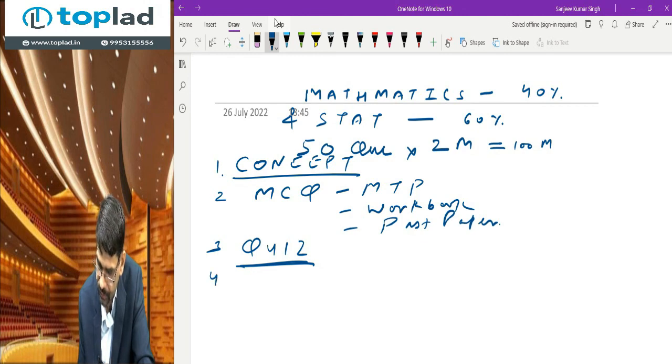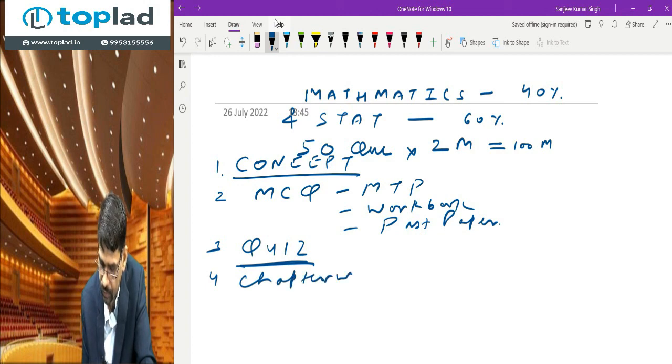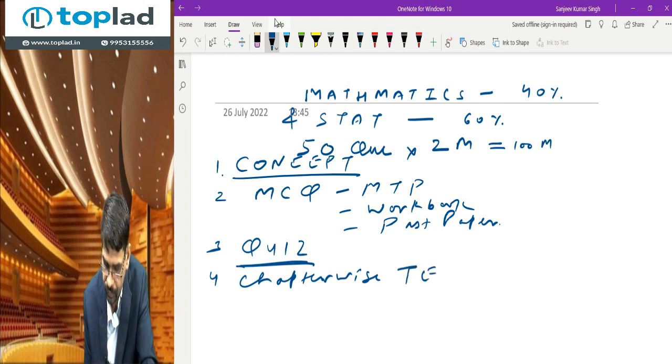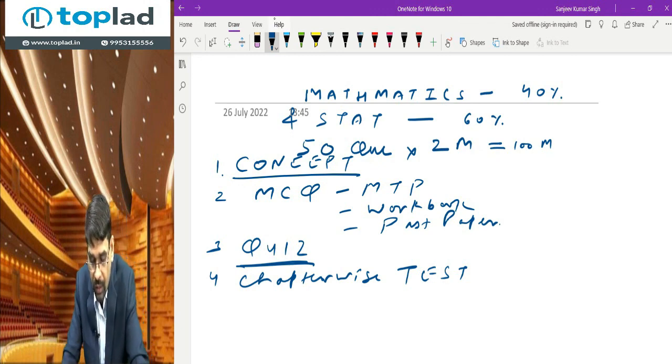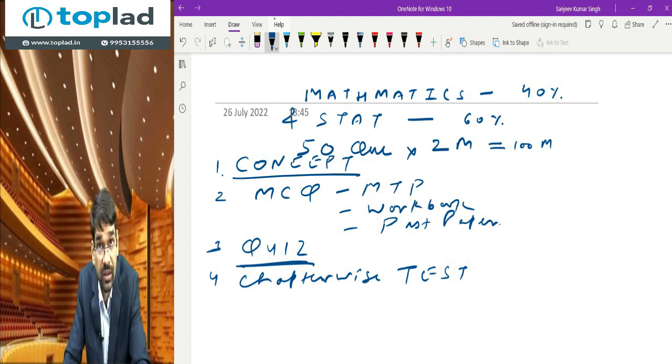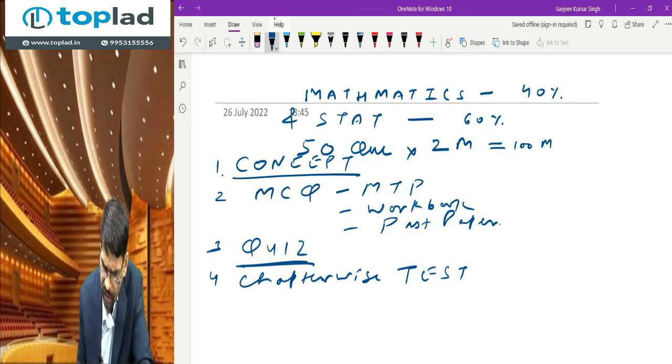And then after the quiz, we will take a chapter wise test. Chapter wise test is very important for the assessment of the students. So we will take a chapter wise test.